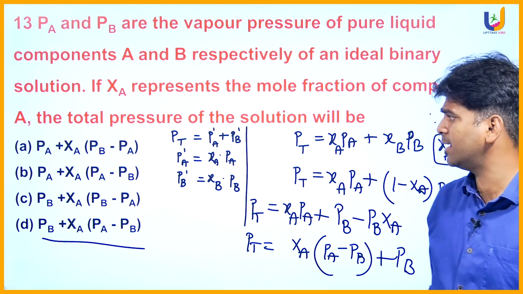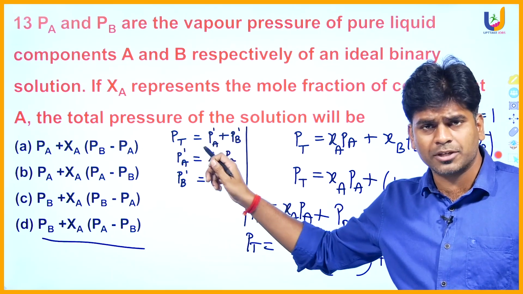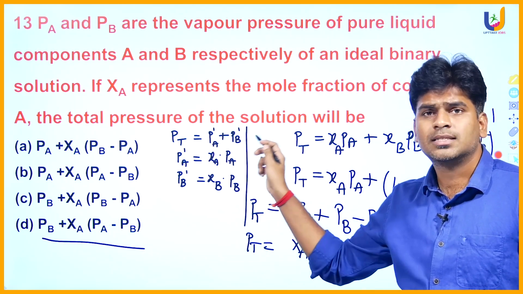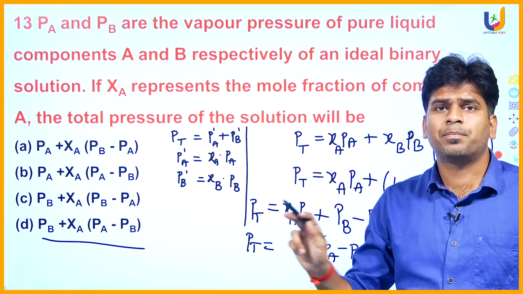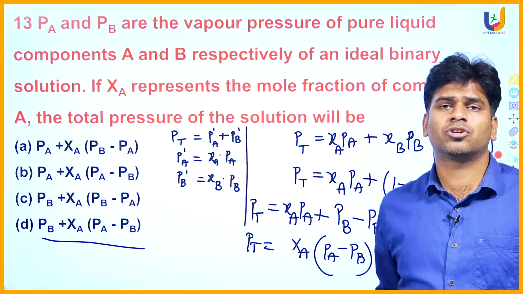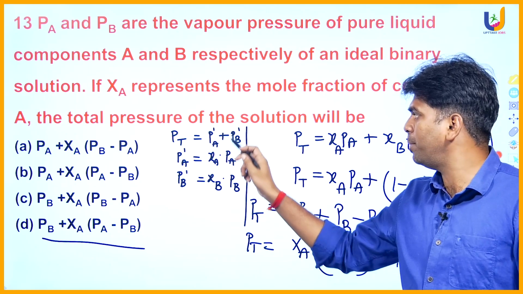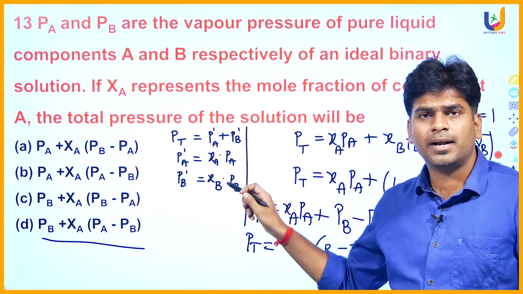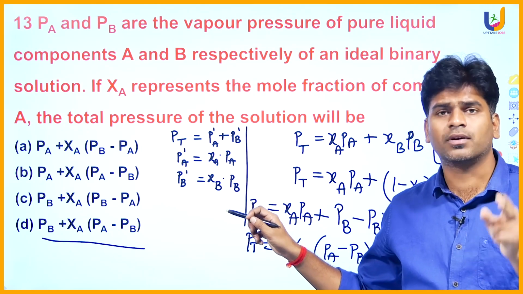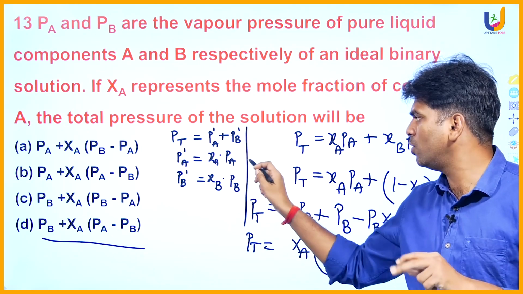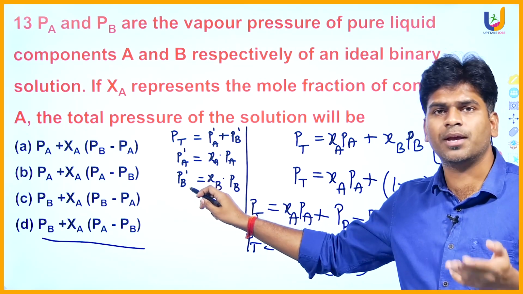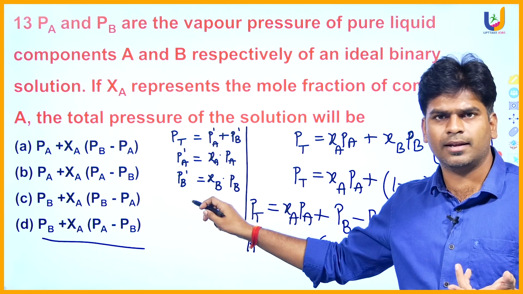So I hope it is clear. From the total vapor pressure, we have derived this equation. Total vapor pressure is equal to the sum of partial vapor pressure of solute and solvent, so PA dash plus PB dash. PA dash means the multiplication of mole fraction of component A into partial vapor pressure of component A, and PB dash means the vapor pressure of solvent or solute, anything you can take.